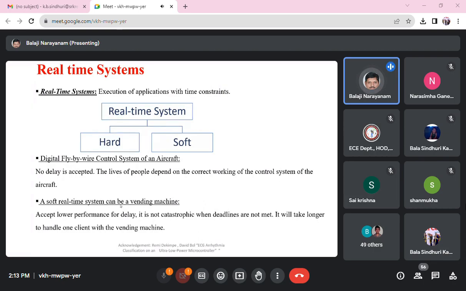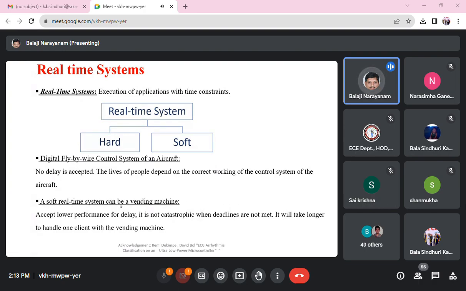So what is a hard real-time system and a soft real-time system? Let us look at it. One example of a hard real-time system is the digital fly-by-wire control system in an aircraft. In an aircraft, the timing constraints are tightly bound, and you cannot have a delay.